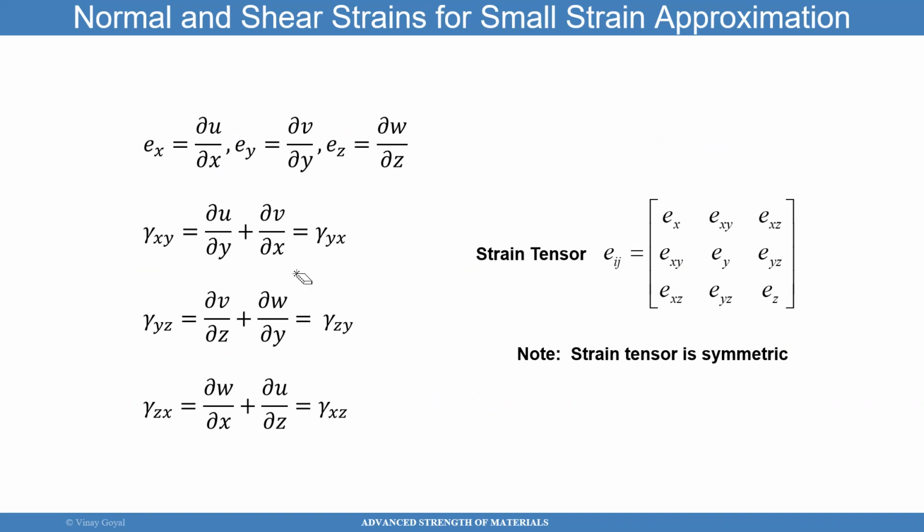Now, when I look at the strain tensor, which is on the right-hand side, you'll notice that I don't see a gamma. That's because these ones are going to be twice epsilon yz, yx. They're symmetric too, by the way. So they're equal. This is equal to that. Twice epsilon zy, and this twice epsilon xz.